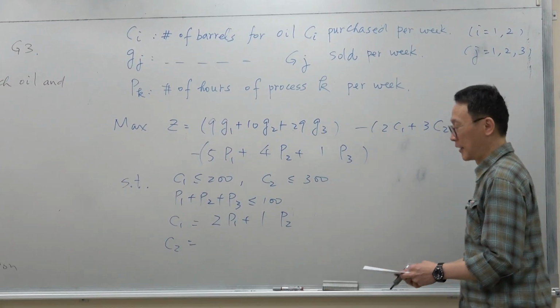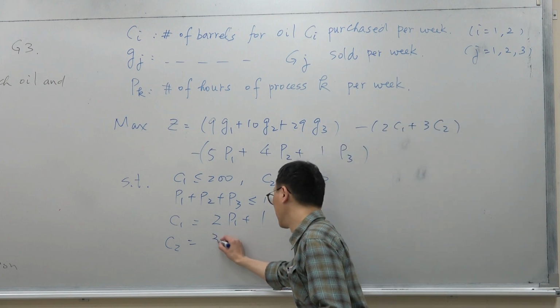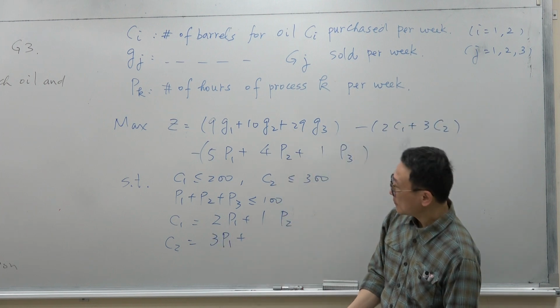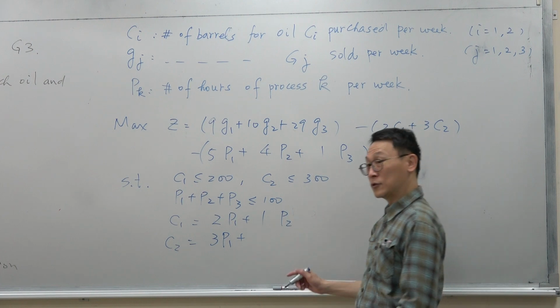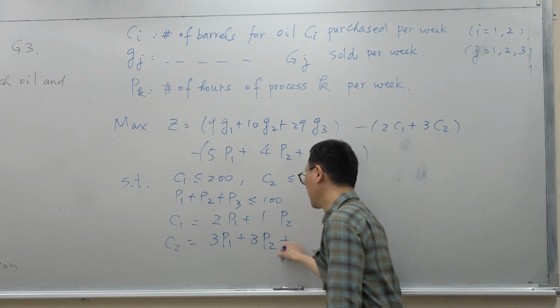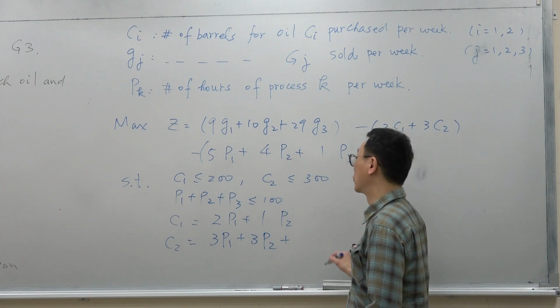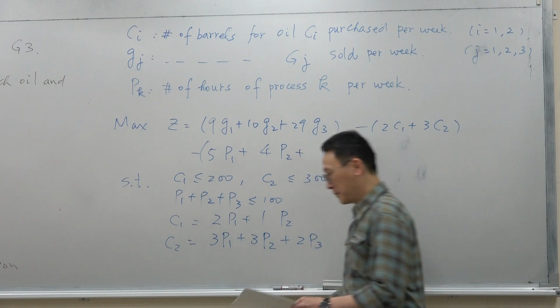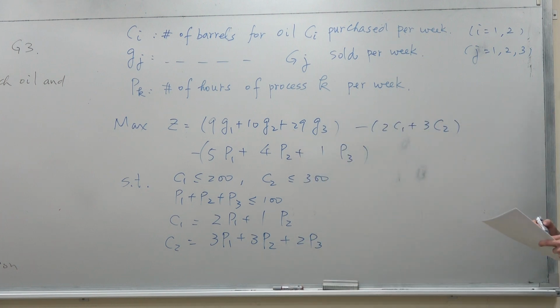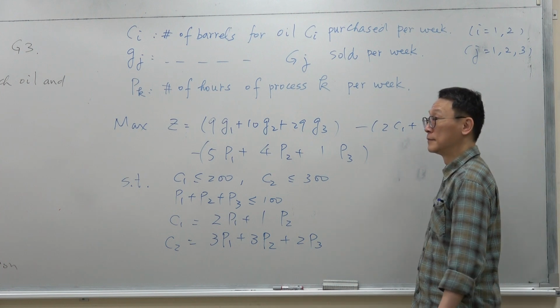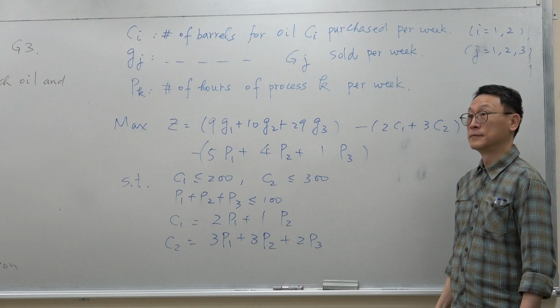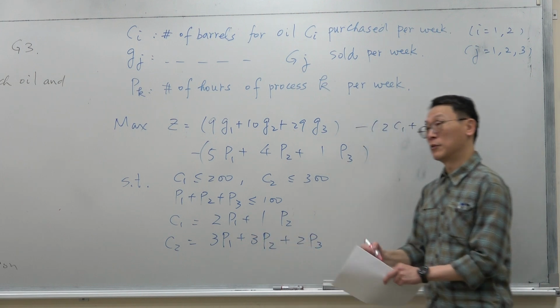C2 will be 3P1 plus 3P2 plus 2P3. Okay? So that's the number for C1, C2, C3.